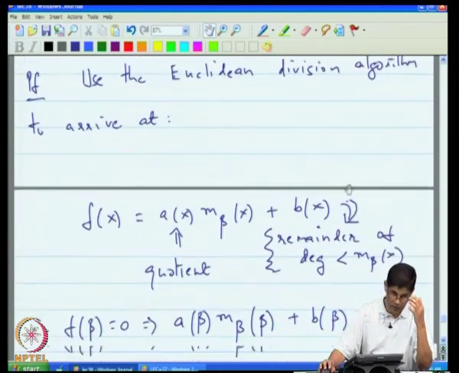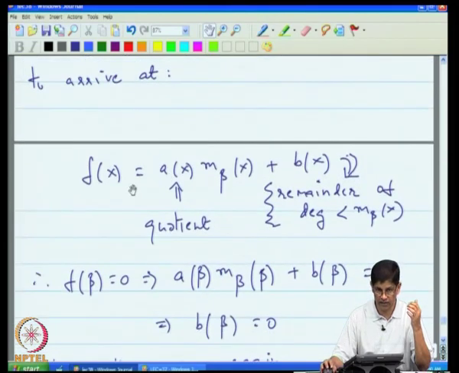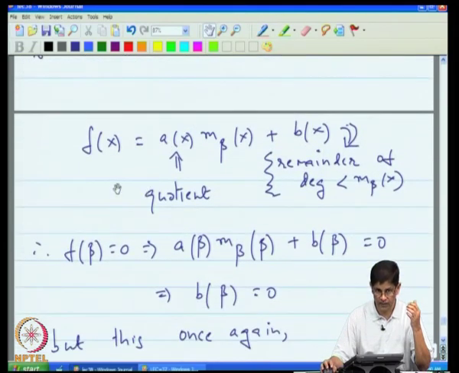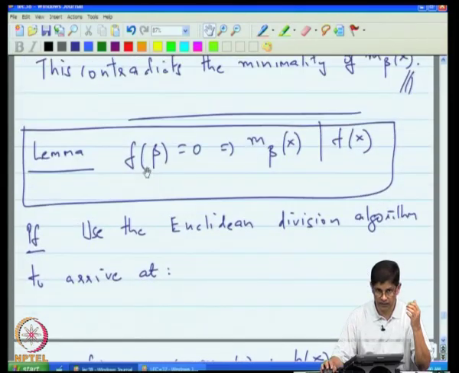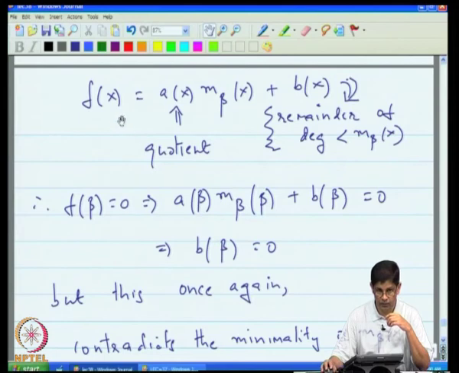Okay. How do you prove that? So, basically you use the Euclidean division algorithm. So, you take this f of x of which beta is supposedly a 0. So, that is the hypothesis of the lemma. Then you use the Euclidean division algorithm, divide it by m beta to get a remainder.